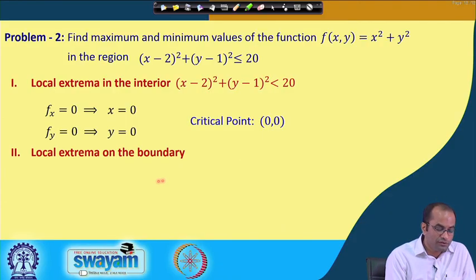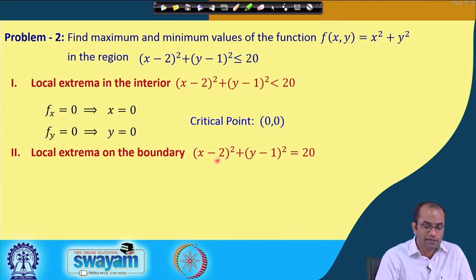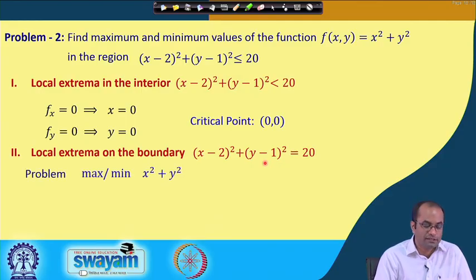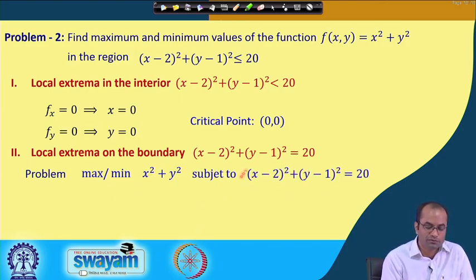So, the local extremum on the boundary. Now we will consider the boundary points, that x minus 2 whole square plus y minus 1 whole square is equal to 20. So, this with equality, and now we have to use the method of Lagrange multiplier. So, the problem is that we want to minimize maximize this function subject to this constraint.